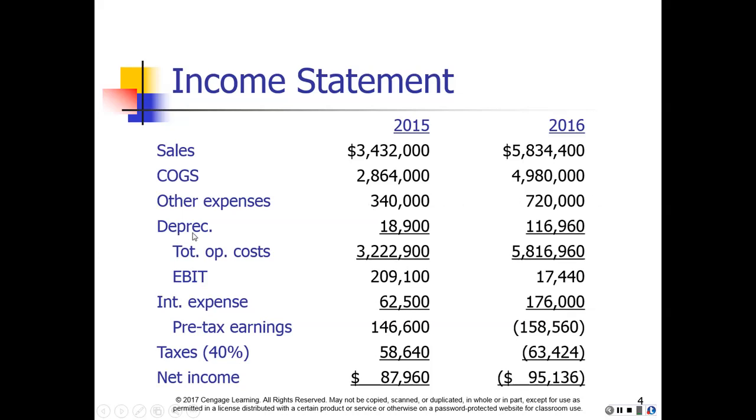Then depreciation, and depreciation is basically a certain amount which is calculated based on tables, and so we have different kinds of tables, such as the MACRS table for depreciation, that gives us a list of assets and how you can depreciate various amounts in different amounts. The simplest one is straight line, right?